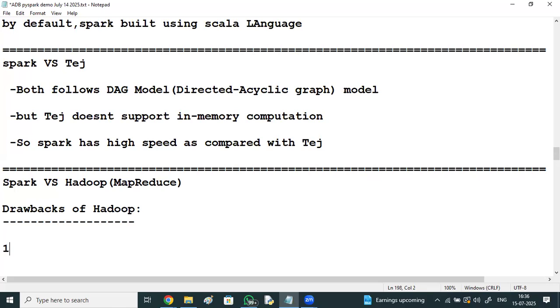First thing, transformations cannot be reused.